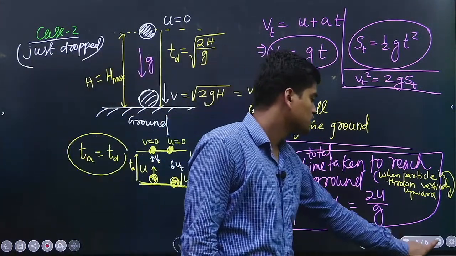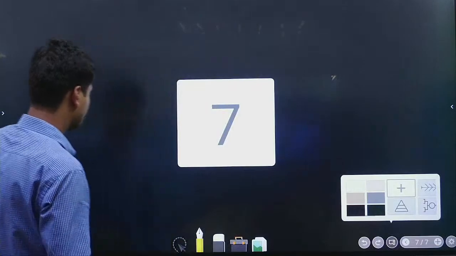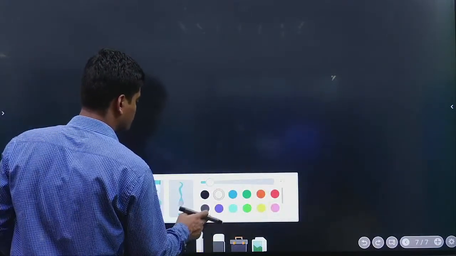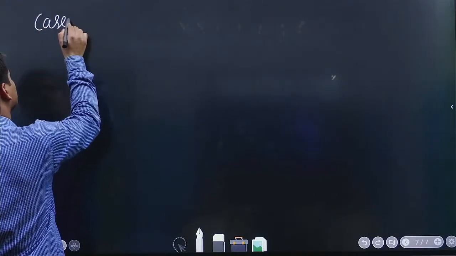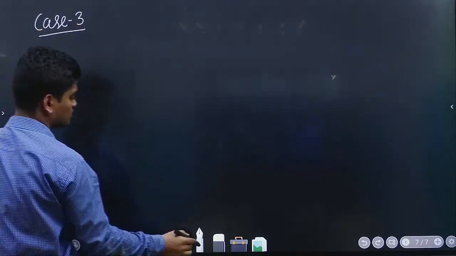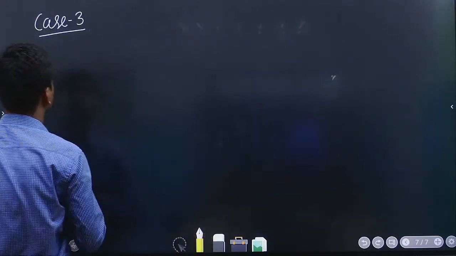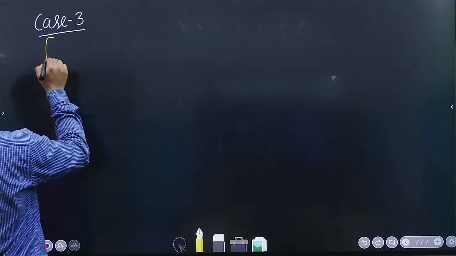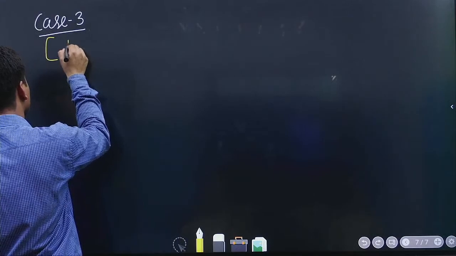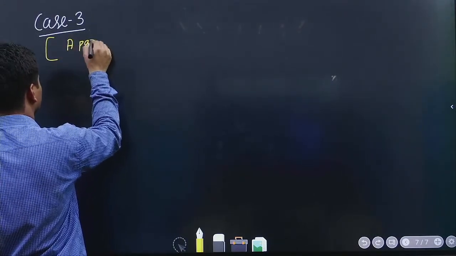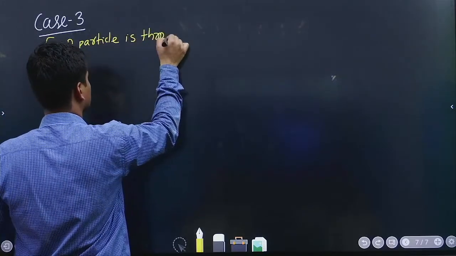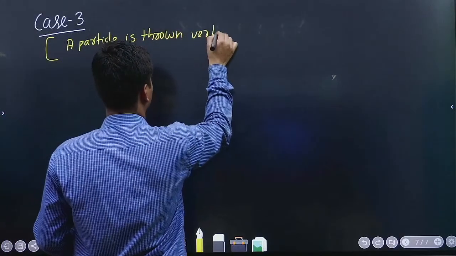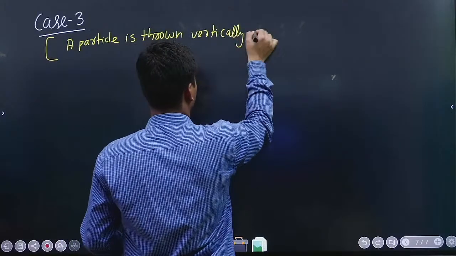Now the next thing comes here. Case 3. So what is this one? Here a particle is thrown vertically downward.